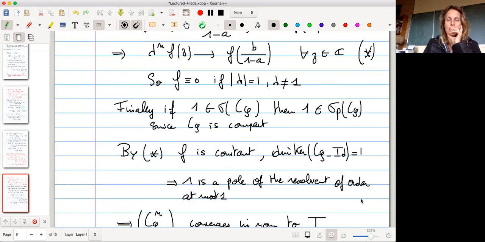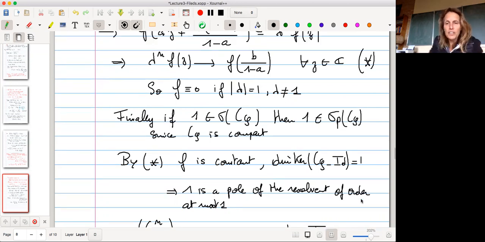Because you get f equal to f. Yes, there is no contradiction if lambda is equal to 1, but otherwise you have a problem. Okay, I see it now. Thank you.